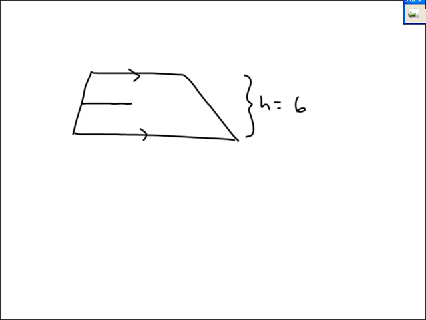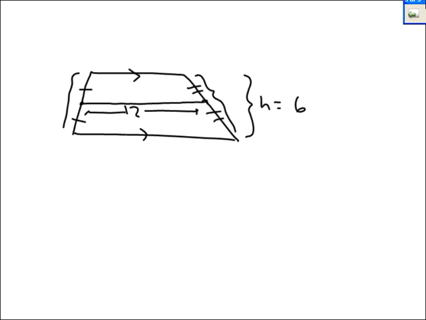And I draw this line, and I say it's the midpoint by saying that both of those sides were bisected. This side was bisected at this point, and this side was bisected at this point. But I tell you that length is 12.